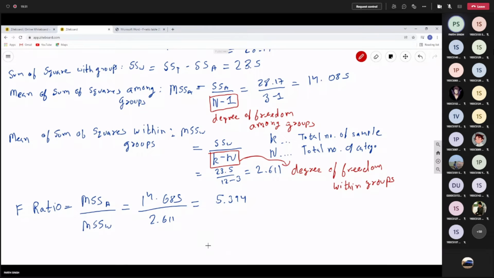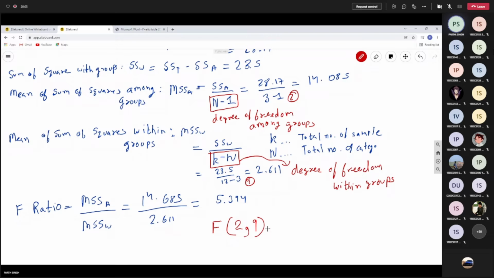We usually denote this as F of the degree of freedom among groups, that is 2, comma, degree of freedom within groups, that is 9, right? That is 9.